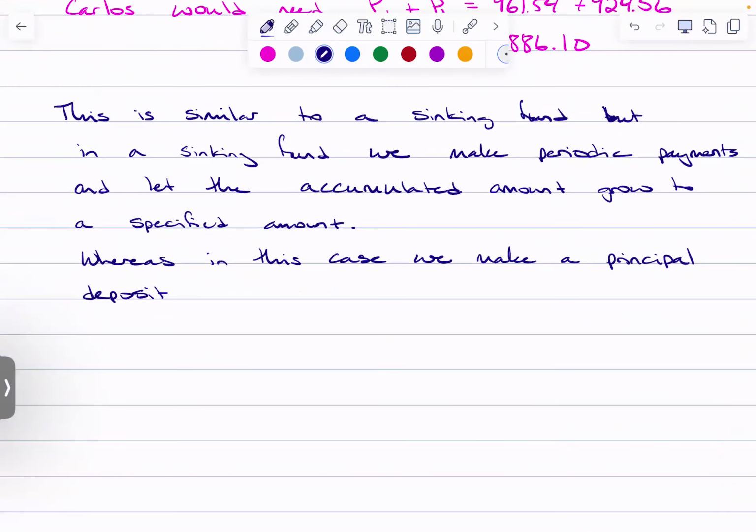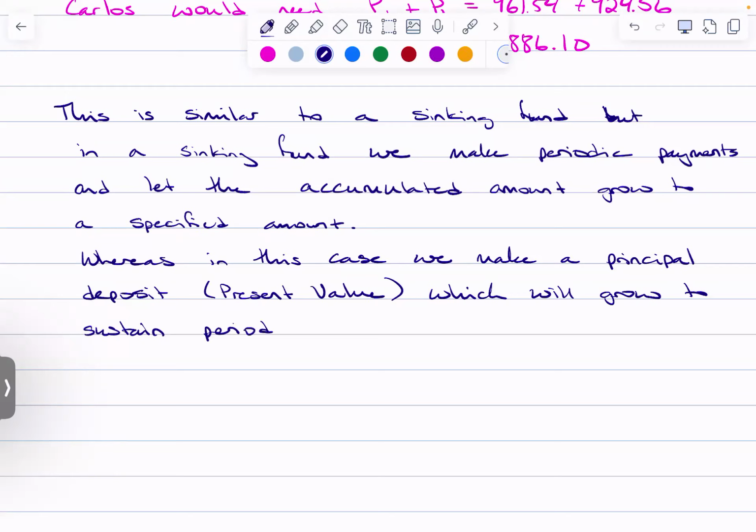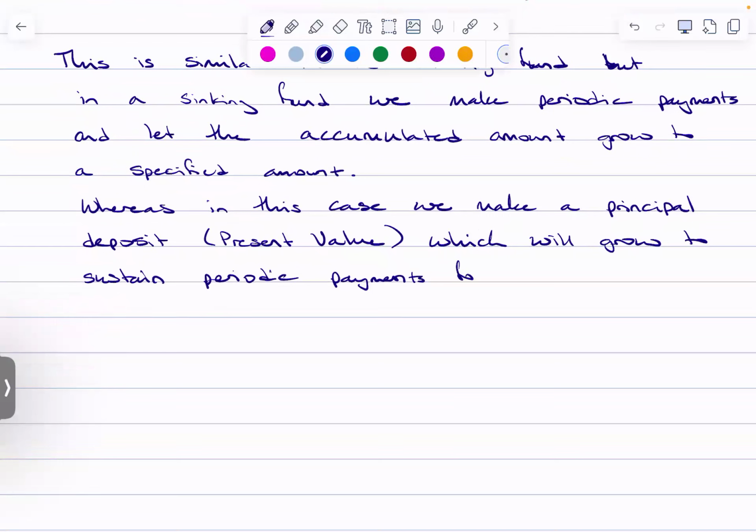And so we make a principal deposit, which is going to be referred to as our present value, and let it grow, which will grow to sustain periodic payments for a set amount of payments.